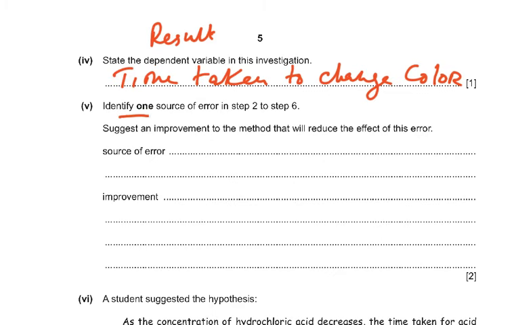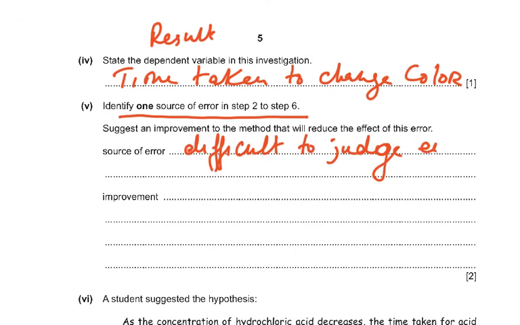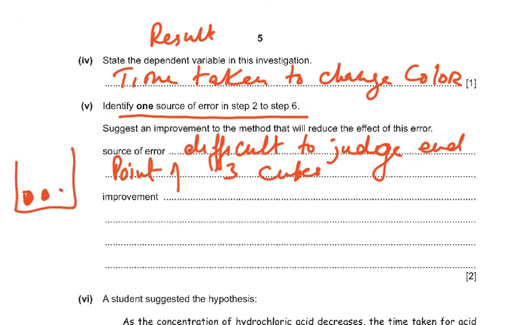Then it says identify one source of error in step 2 to step 6. Well, of course, the error was that it was difficult to judge the endpoint of all the 3 cubes. Because you would put the 3 cubes in the beaker, and then you waited, and then you would say, okay, is this happening?